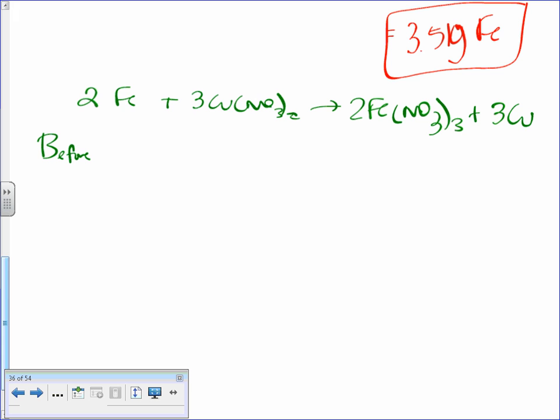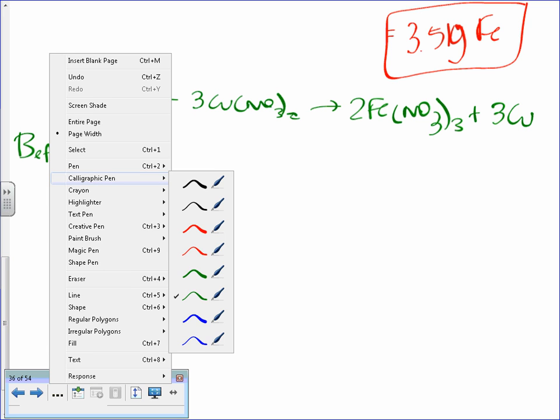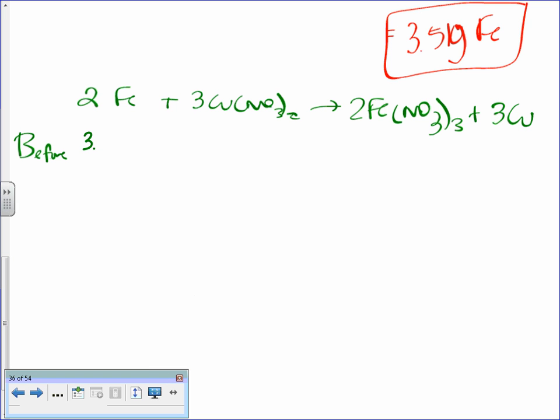Before the reaction, so it's called a BDA table because it's before, during, and after the reaction. Before, how much do we have of both? The numbers, you guys give me numbers, right? What was the number? Give me half in moles.